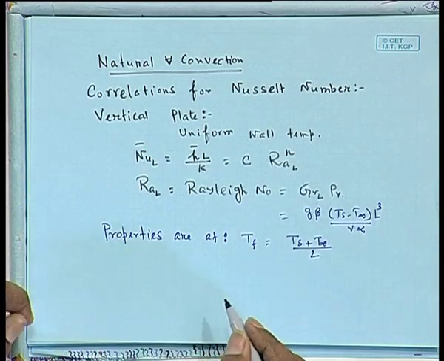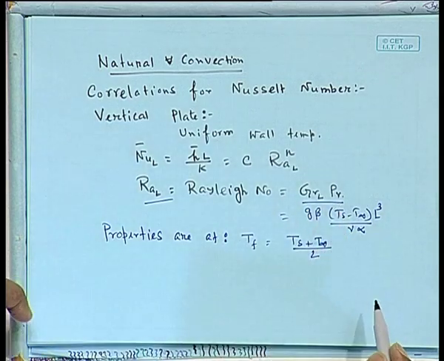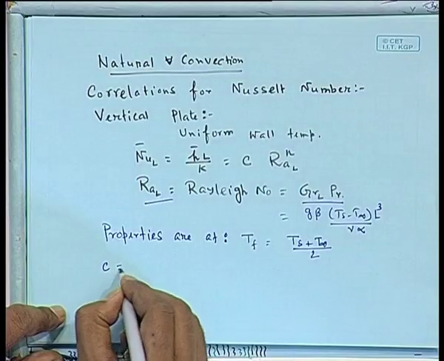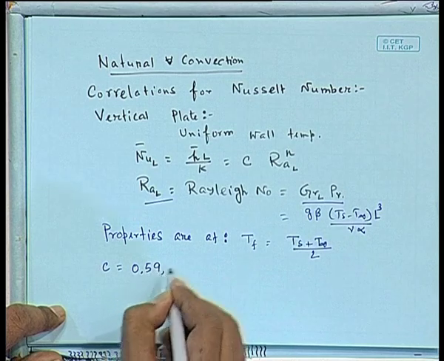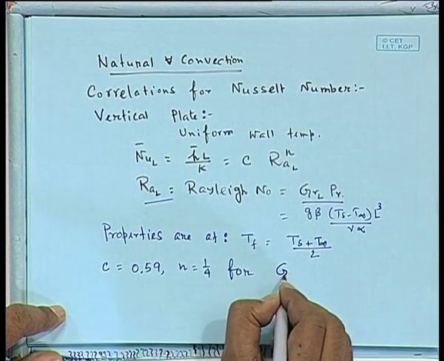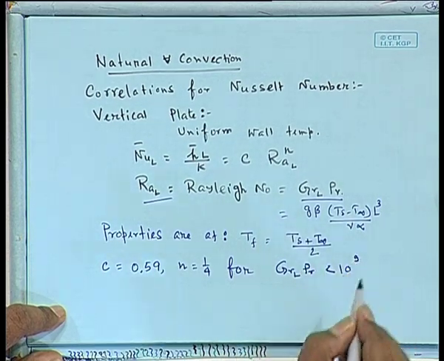Now, for different regimes of the Rayleigh number, which is the product of Grashof and Prandtl number, the empirical constants C and n will vary. C will assume a value 0.59 and n equal to 1/4 for Rayleigh number less than 10 to the power 9.